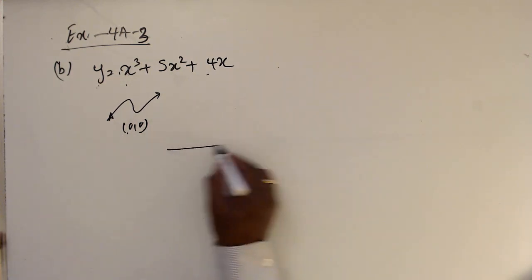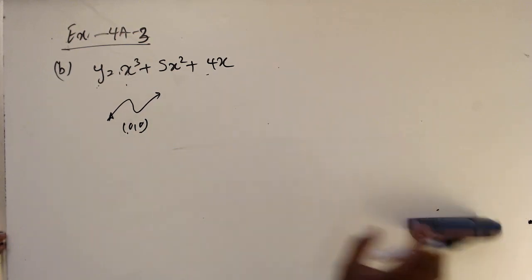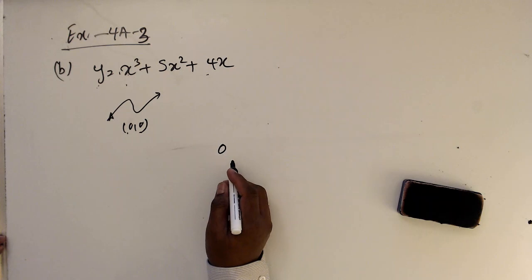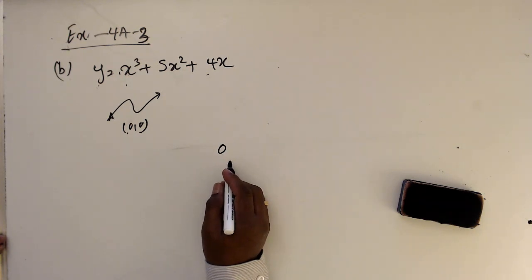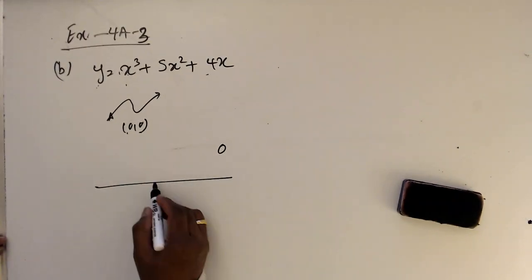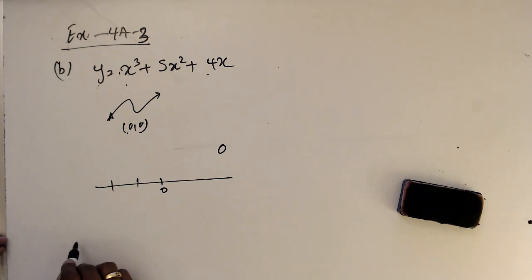Then we have three options. We know one root, and that root is 0. If we take this one as 0, we can think about the other roots. Both roots can be here.